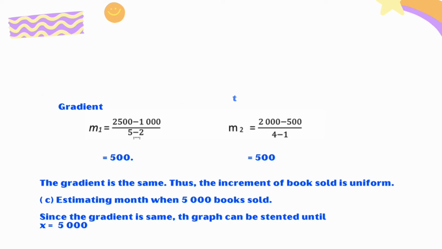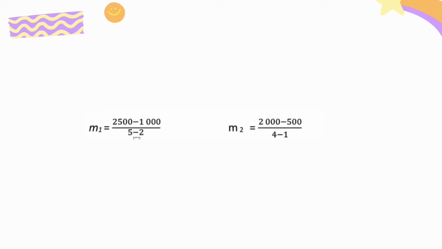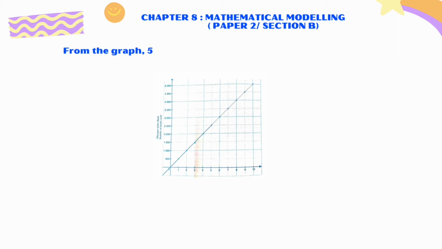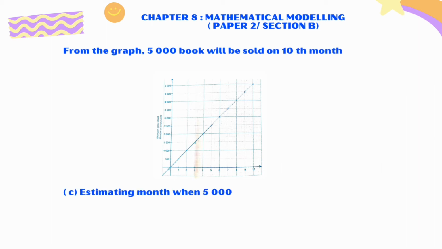From here, we can estimate in which month the sales will reach 5,000 books. Hence, we can use the graph to estimate the number of months when the number of books sold is 5,000. From the graph, 5,000 books will be sold in the 10th month.